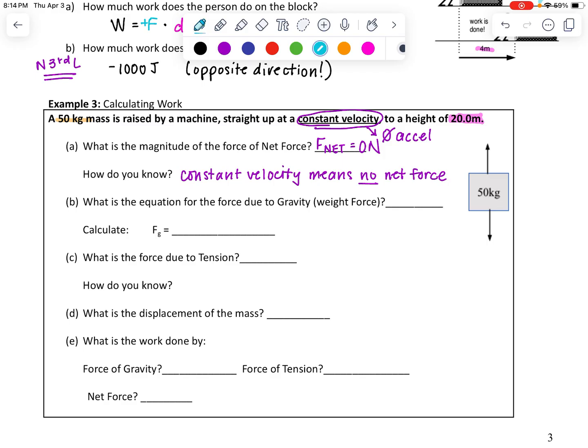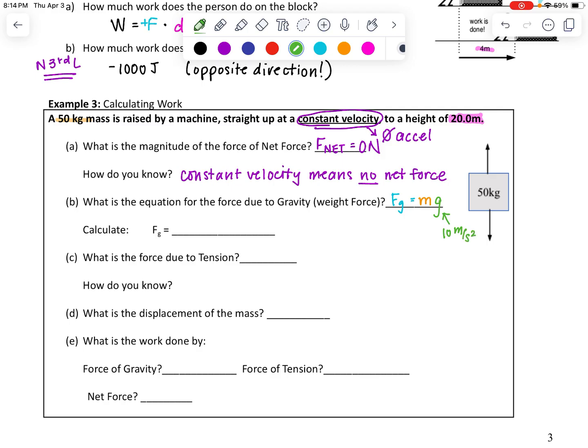Aha. Remember, Fg, which is weight force, is equal to the mass times g. Do y'all remember what g is? That is the acceleration due to gravity, which is, remember, 10 meters per second squared.